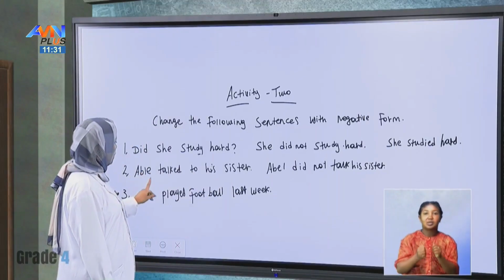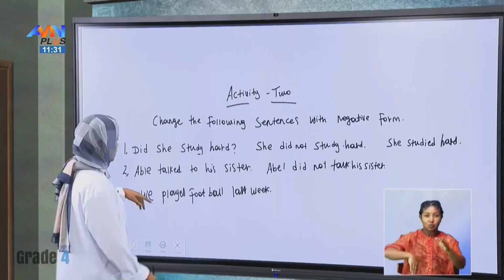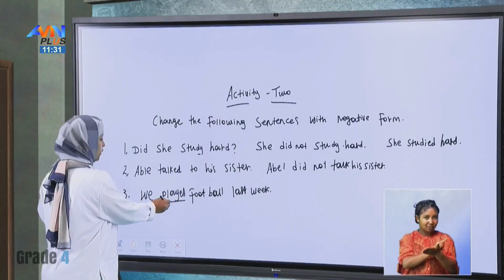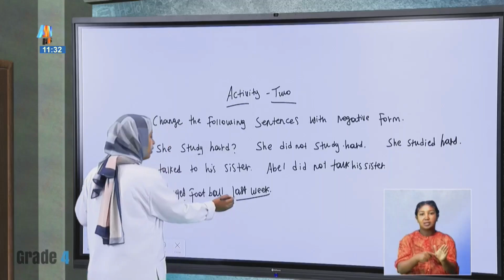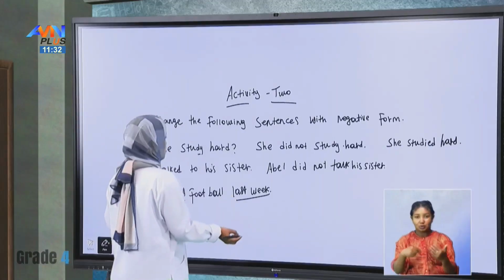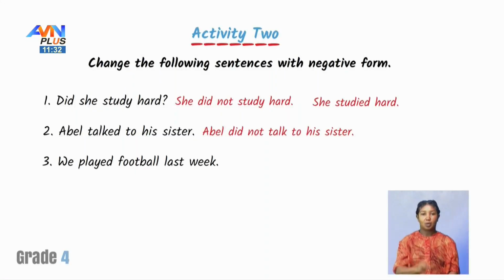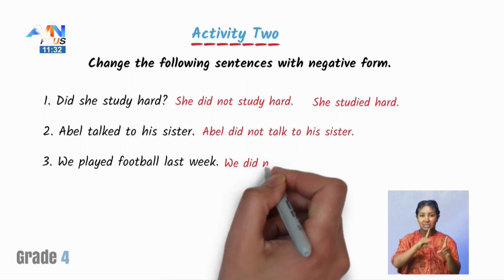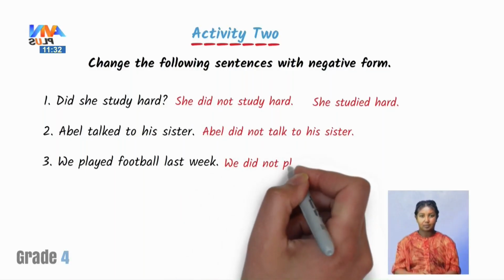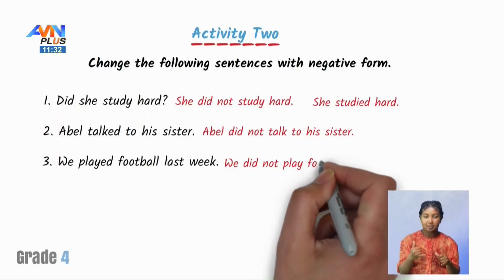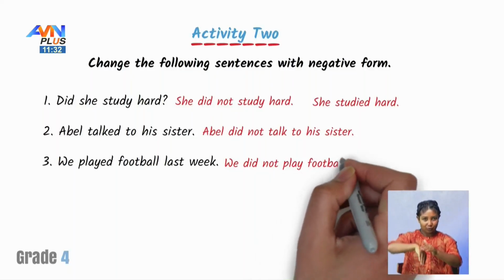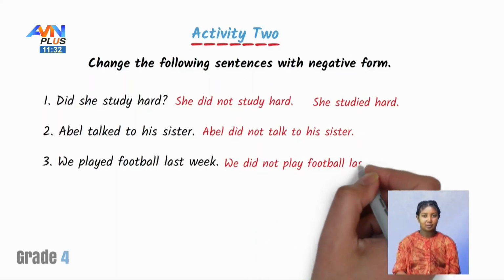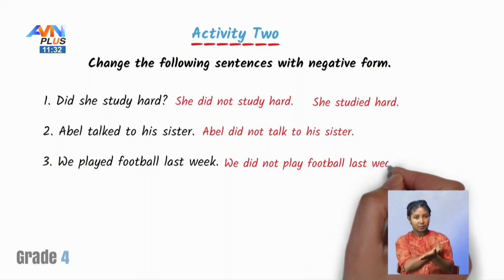Next, we played football last week. Here is a verb that shows played in a specific time, last week. So let us say we did not play football last week.